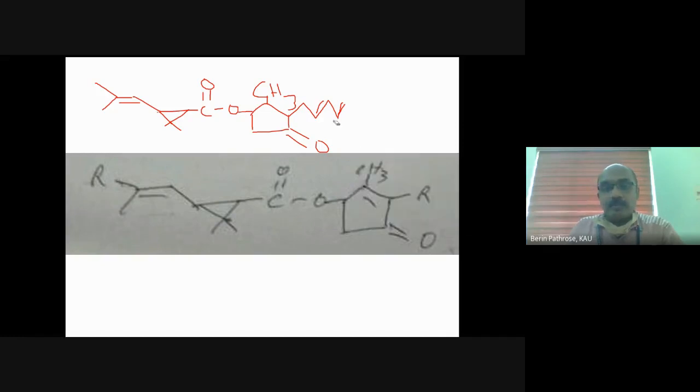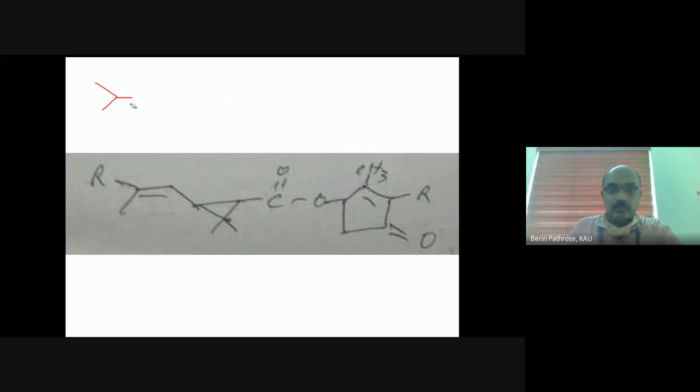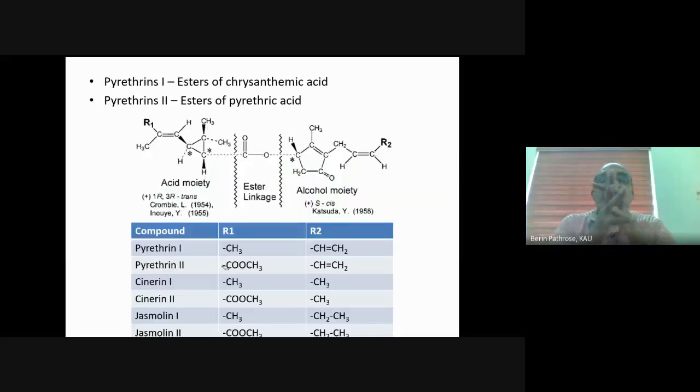So this is the general structure of this thing, and this is how it is formed. And one more thing, how each ester is named.